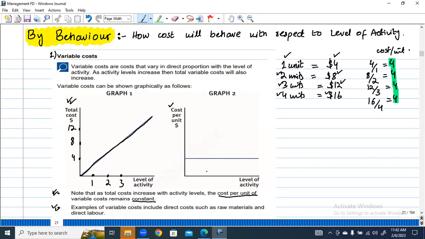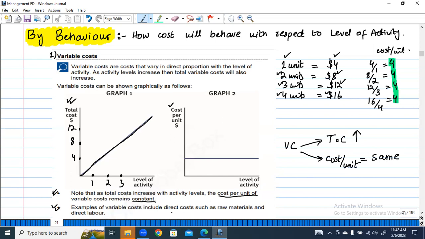So remember, if in a question you need to identify whether the cost is variable or not, you need to see two things. Number one, the total cost will increase with level of activity, but the cost per unit will remain the same. If a cost possesses these two characteristics, you will say that this cost is variable cost.